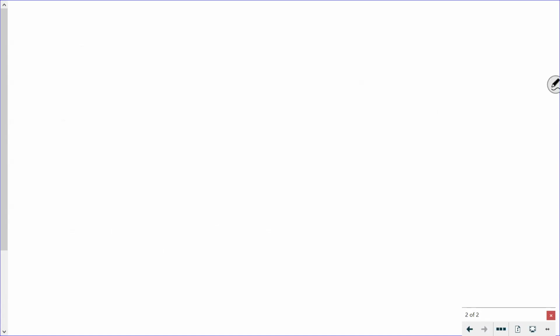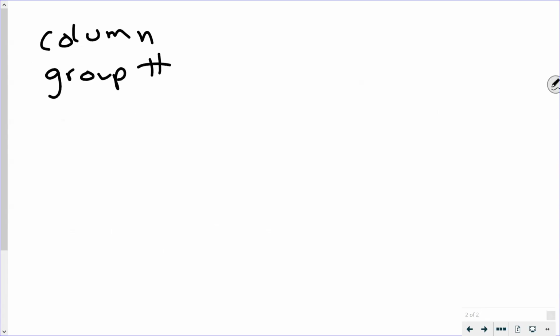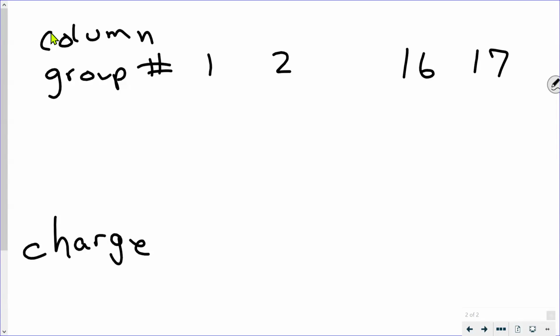From the column, what can you get from the group number? So let's say I have group 1, group 2, group 16, group 17. By telling you that, what else do you know? Well, before I determine charge, I will determine what?